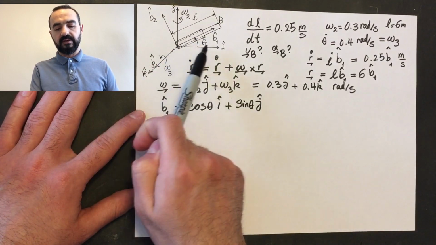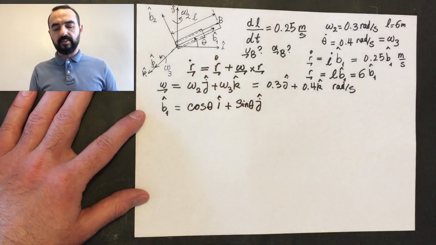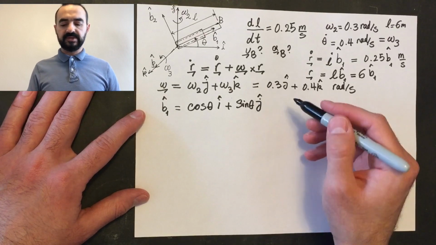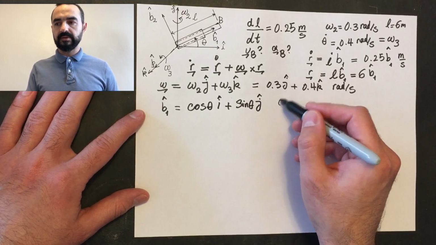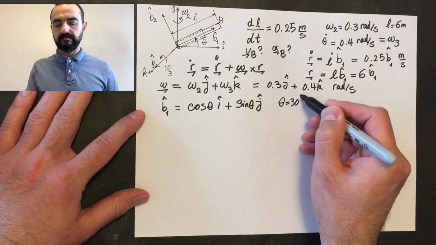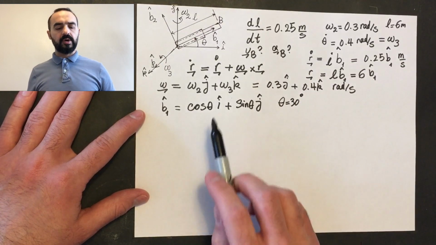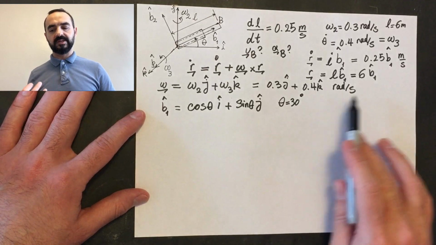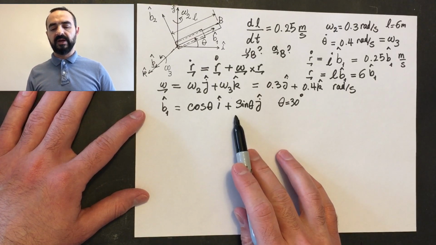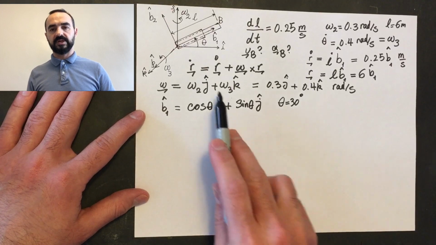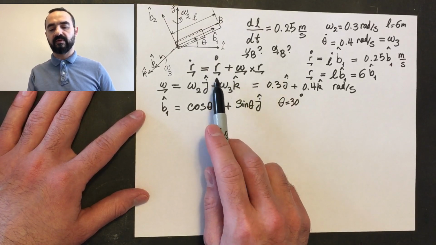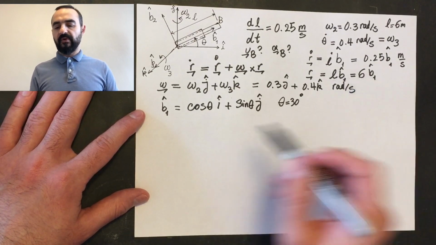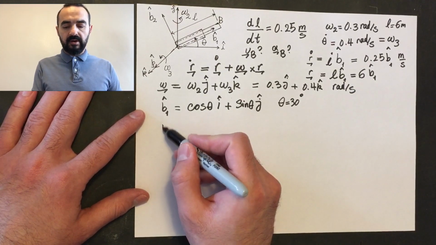And theta is given, 30 degrees, so we can compute this number. Now I have B1 hat in terms of I hat and J hat. All I need to do is replace B1 hat with this expression, perform this cross product, and compute velocity.